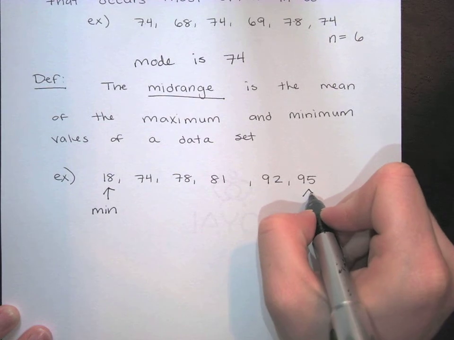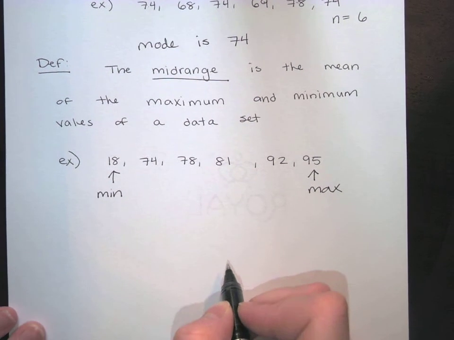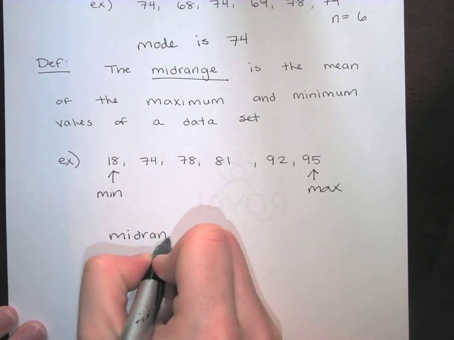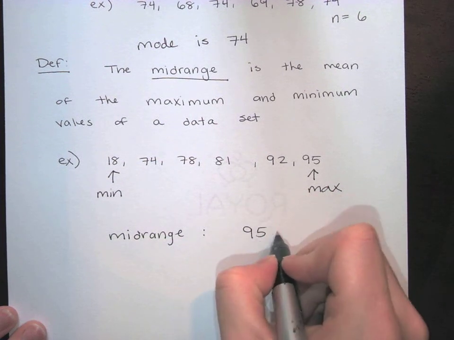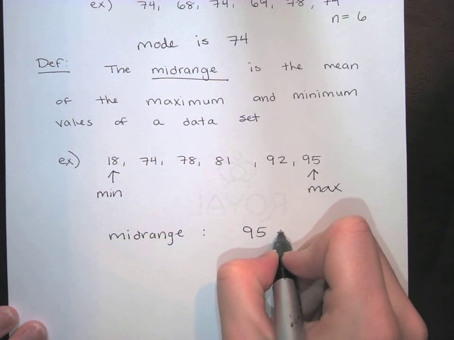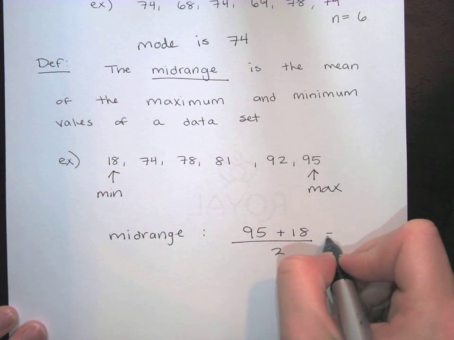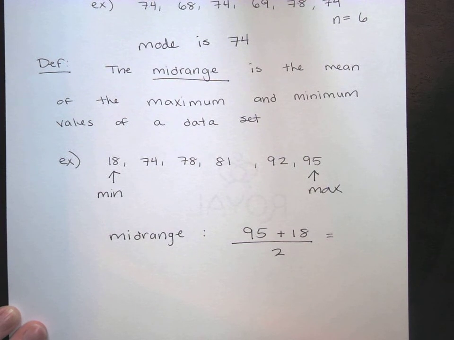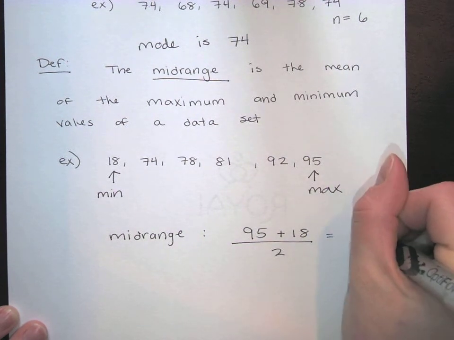My max is 95. So the mid-range is 95 plus 18 divided by 2, 56.5.